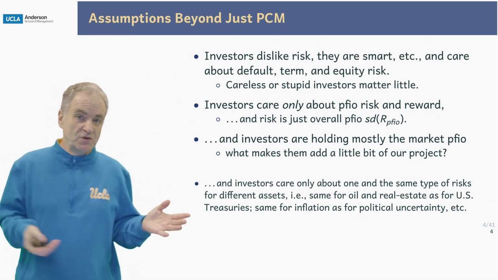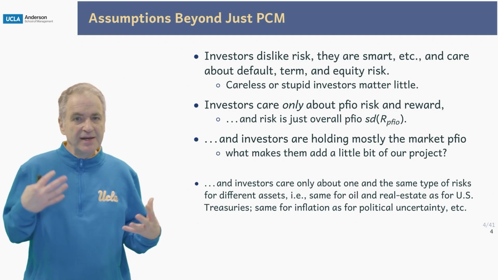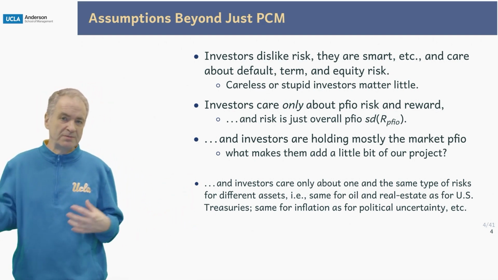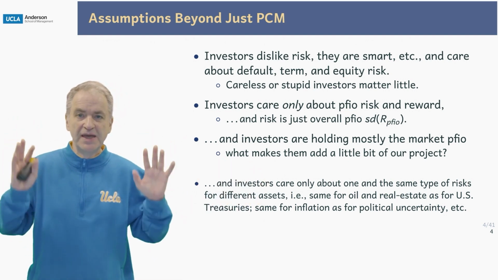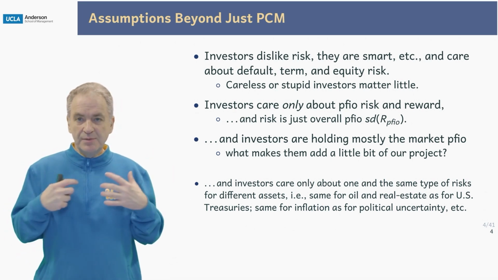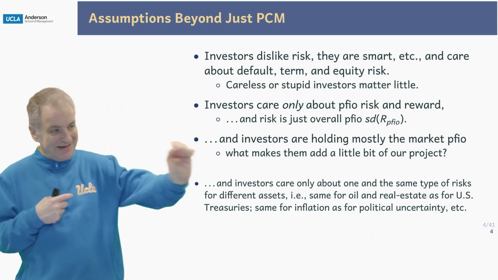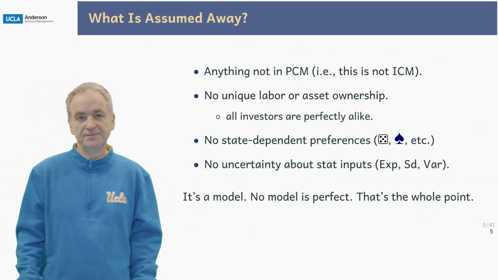We're also going to assume that they don't care about other risks that they want to hedge, things like political uncertainty or inflation or oil risk, or something else. I'm going to just ignore this. I'm just going to say all that they care about is portfolio risk and reward. And I'm going to do my best to offer them a project that, if they stick just a little bit of that into their portfolio, is what they want.